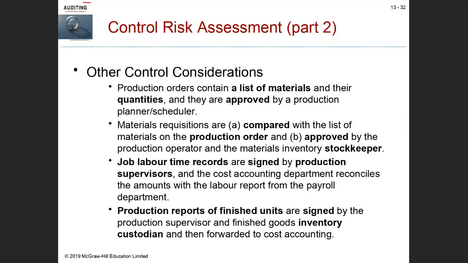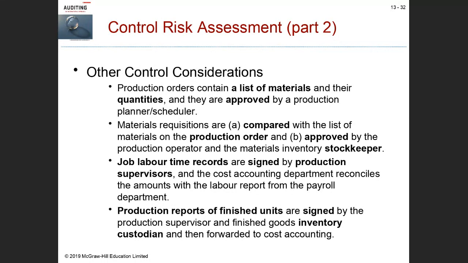It says, first, production orders contain a list of materials and their quantities, and they are approved by a production planner. So somebody's saying, yes, those are the materials that we need in order to produce a certain quantity of goods.